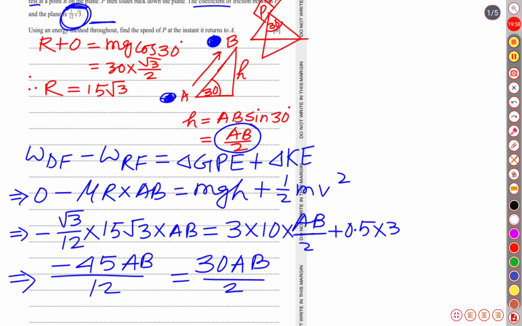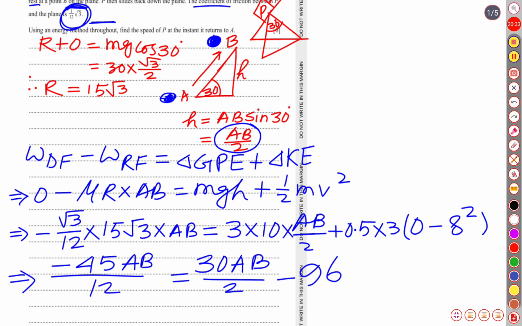Remember, v squared means the difference between the final and initial velocity squared. So the final velocity is 0 and the initial velocity was 8 squared. Then if we simplify, it is going to be 0.5 into 3, that is 64. It must be negative, it is no more positive. So 64 half is 32, 32 threes are 96.